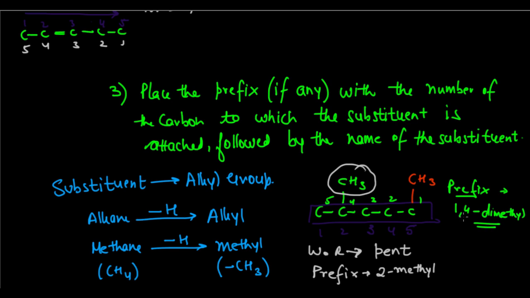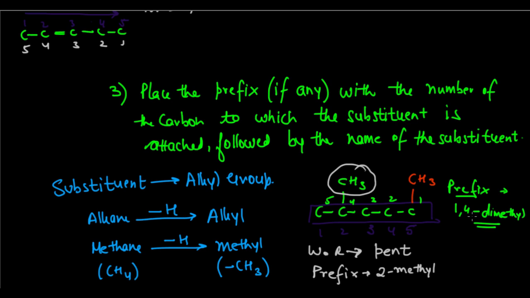If there are 3, then accordingly 3 numbers, and if 2 are attached to 1 carbon atom, then you put 1,1. So the number of that carbon atom 2 times, 2,2 or whatever, repeated, and then di or whatever is needed.